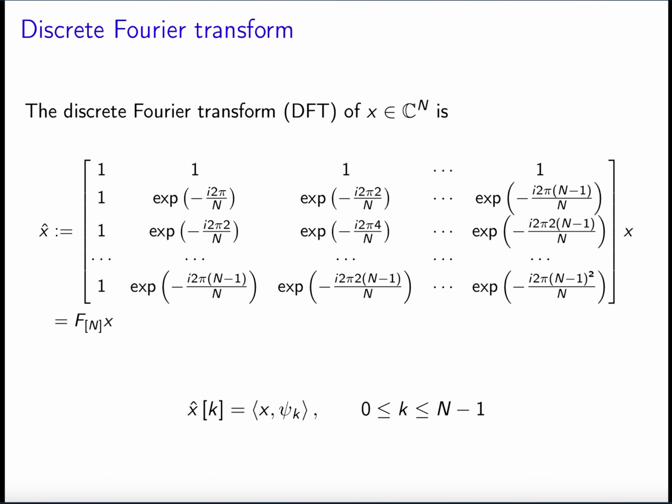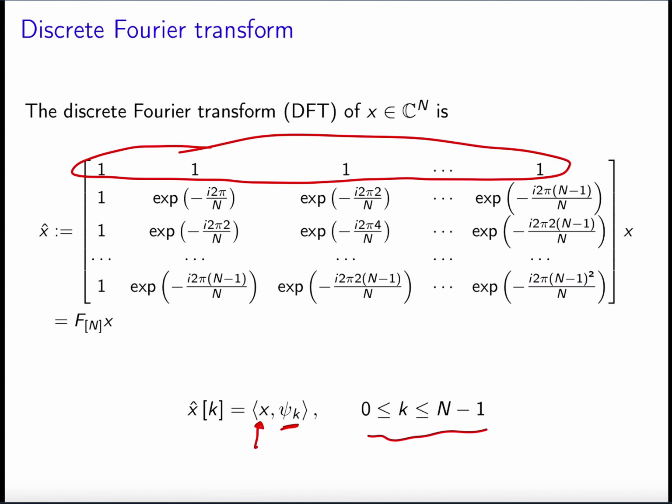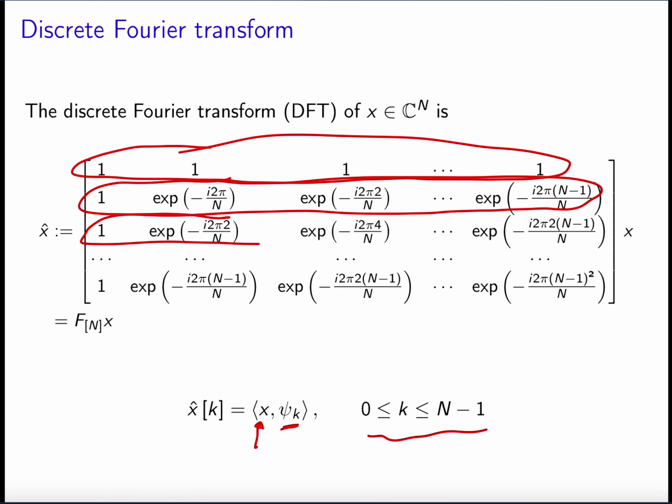Okay, so the discrete Fourier transform is obtained by taking the inner product of a vector of dimension n with these n different discrete sinusoids. So we can express this as a matrix, which is called the DFT matrix, where each row is the complex conjugate of one of these discrete sinusoids.